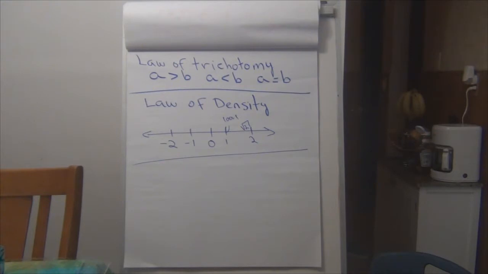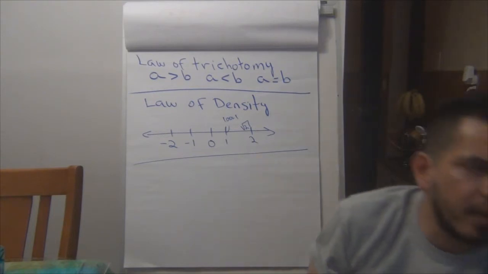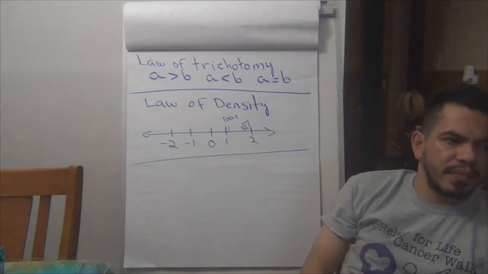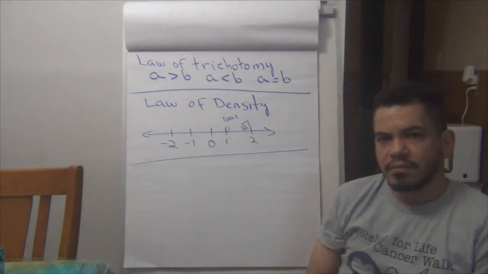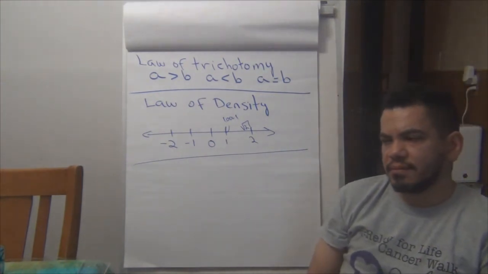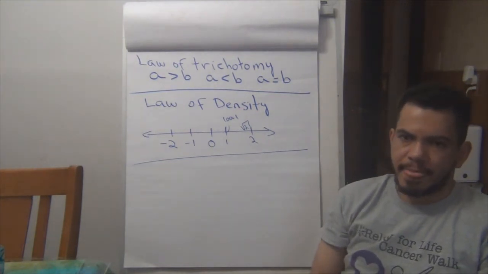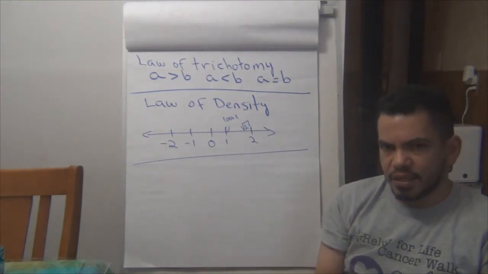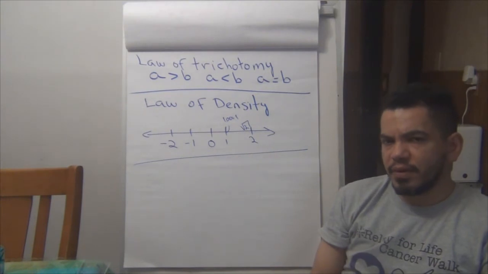Let me see. Okay, let's see now. Adding 0 to a number leaves it unchanged. What property is that? Additive identity. Multiplying something by 1 leaves the number unchanged.